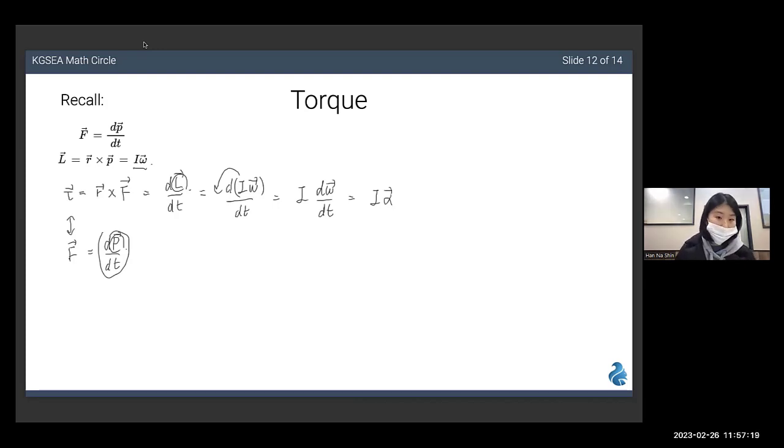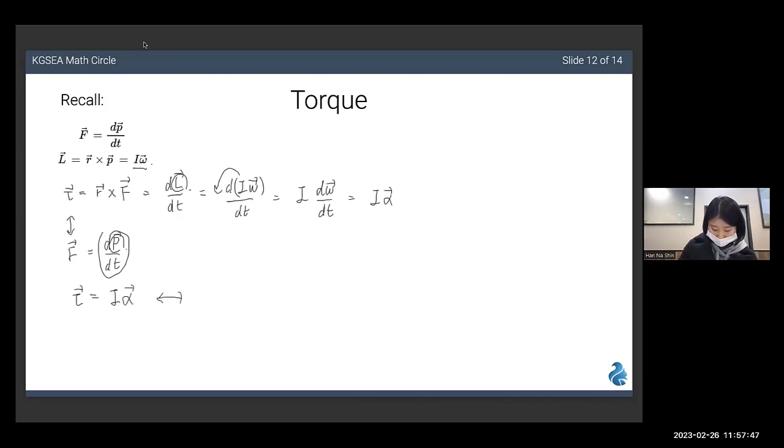So now we have torque is r cross F, but it's also torque equals I alpha. That's rotational inertia times angular acceleration. And just like how angular momentum is parallel to linear momentum, torque is also parallel to force.